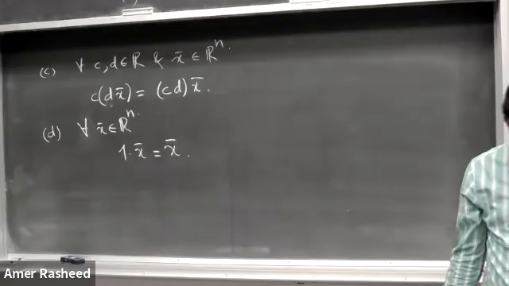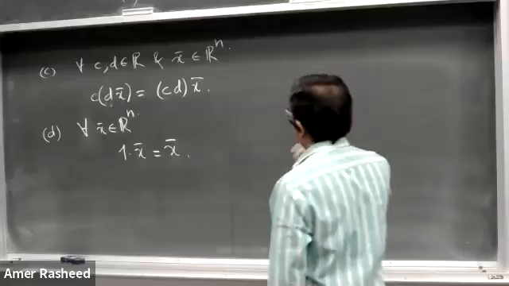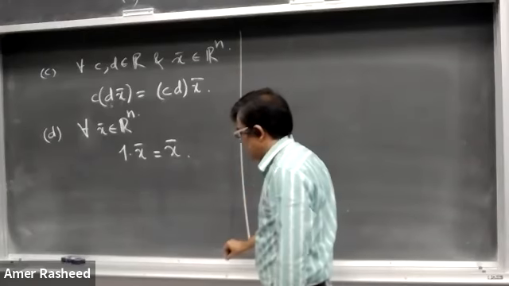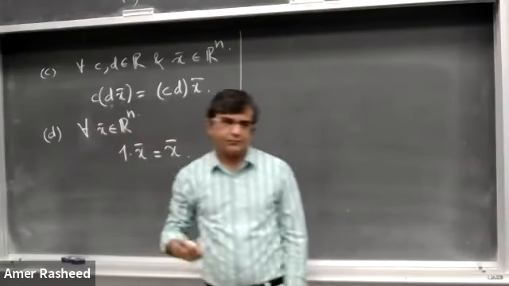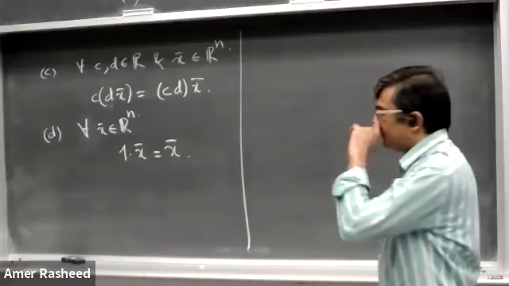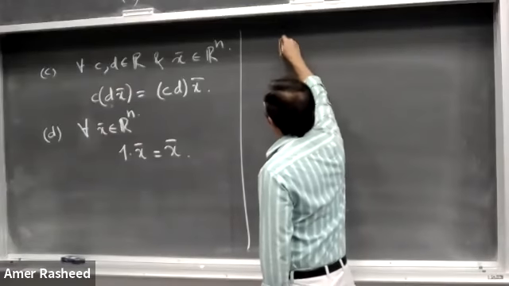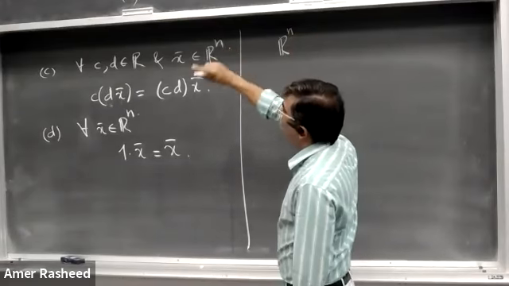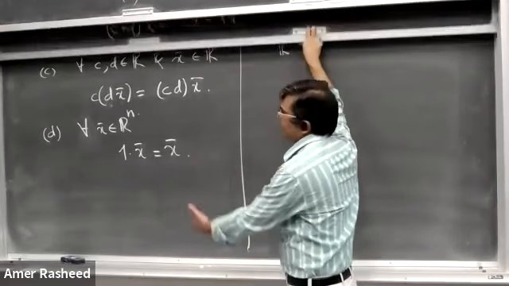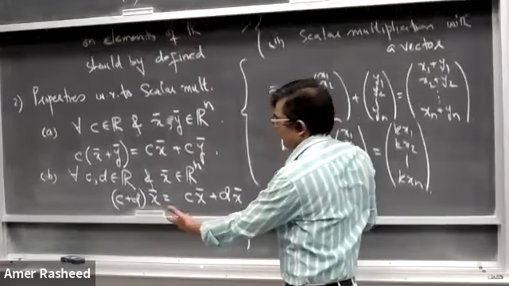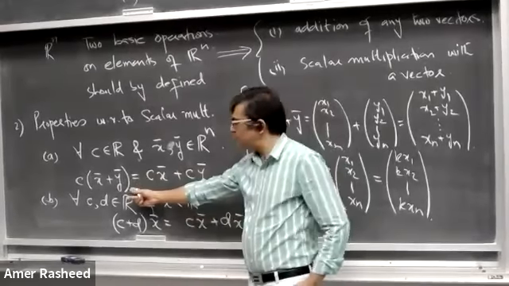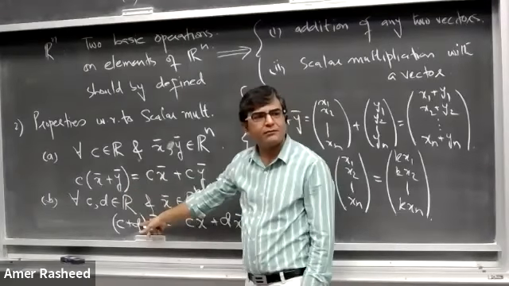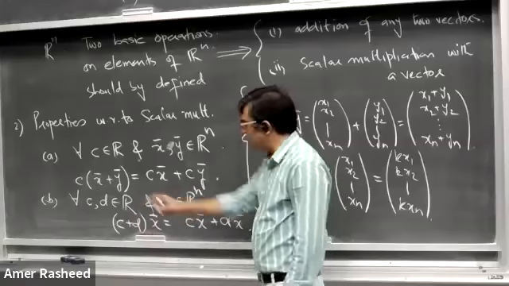We can prove them easily for any Euclidean set. For example, let's do it for Rn. If we are given Rn and we need to prove any one of these properties, I'll prove only one. Which one should I prove? Maybe this one or this one? B1. Okay.